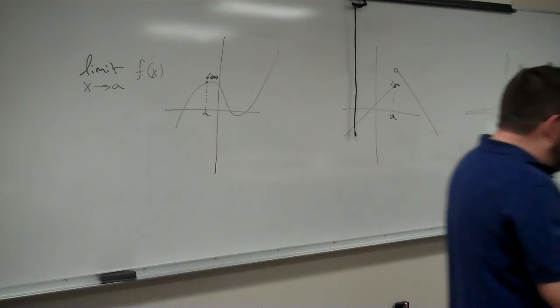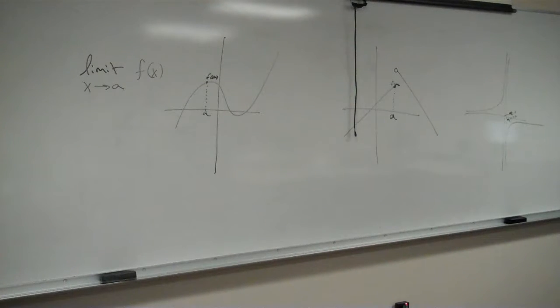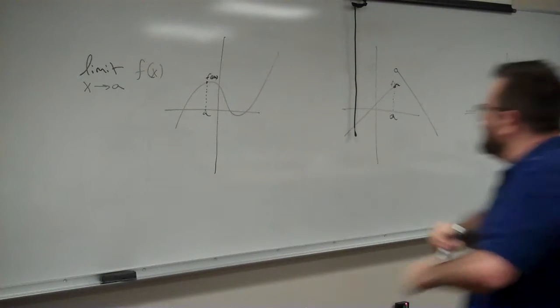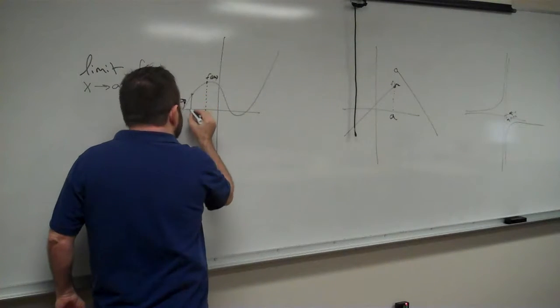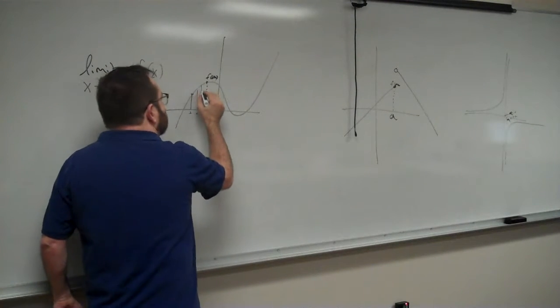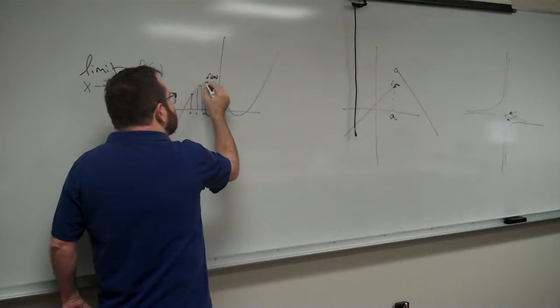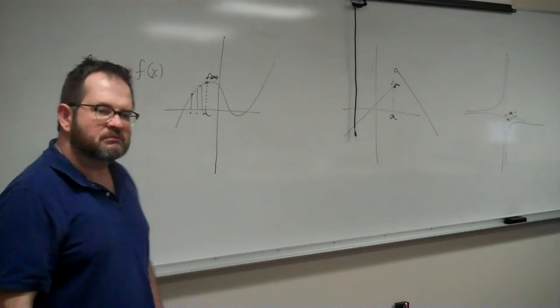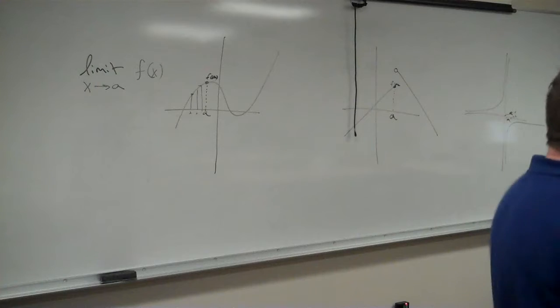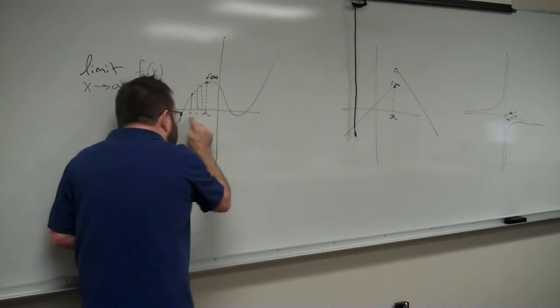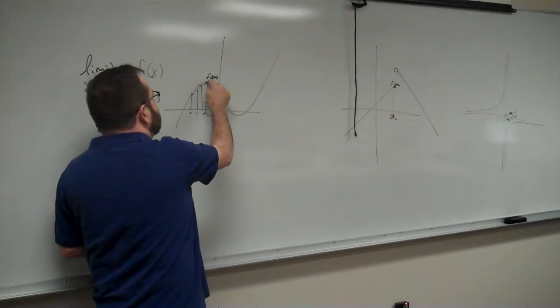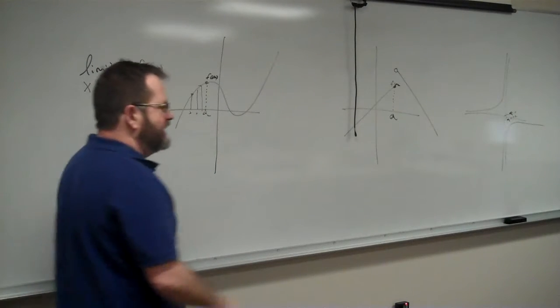We could say, as x gets closer and closer to a, what value are we approaching? So for example, if x was here, and then here, and then here, you can see how we're approaching this value. As x gets closer and closer to a, we're getting closer and closer to this value f of a.